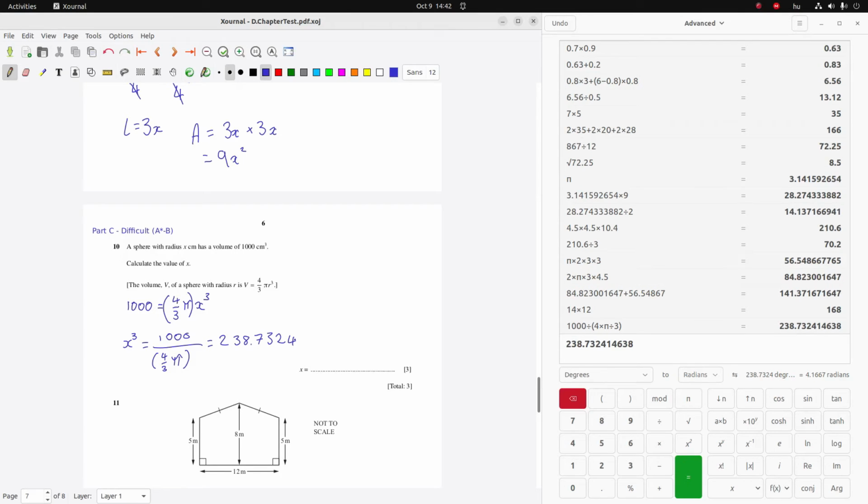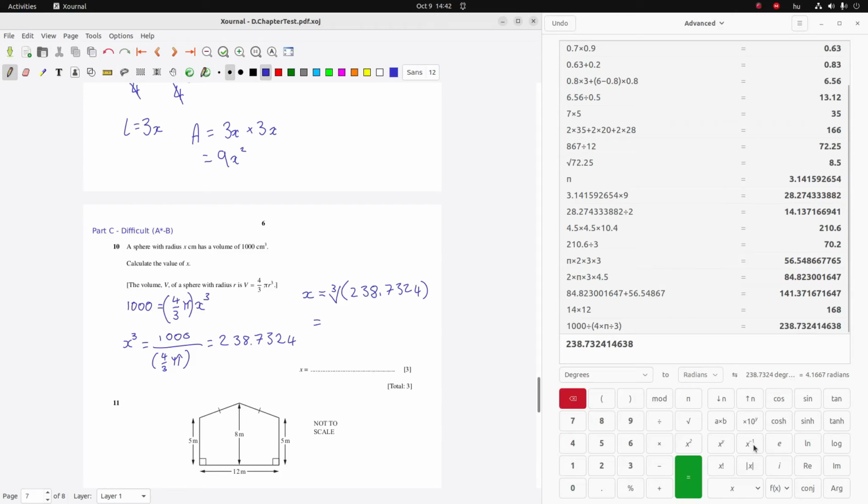And let's take the cube root. Remember, the opposite of cubing something is taking the cube root. So x is equal to the cube root of 238.7324, and the calculator will tell us.